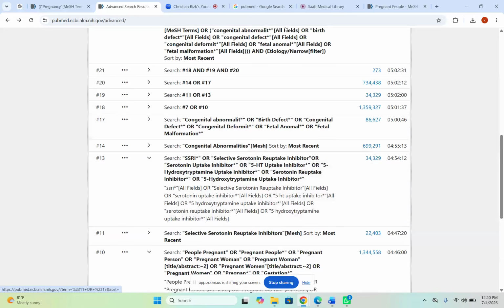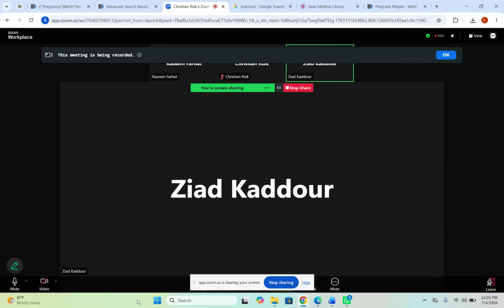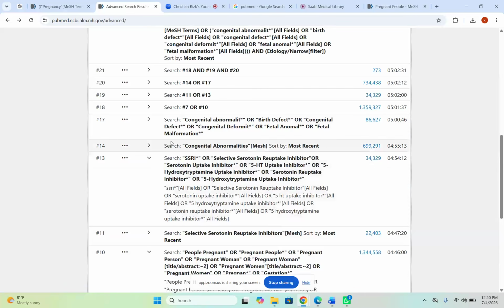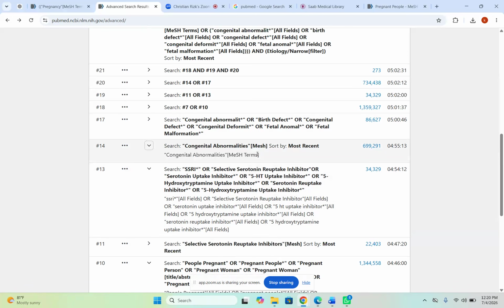So now, moving to the third concept, which is congenital abnormalities, we also looked into the MeSH term for congenital abnormalities, and the keywords, which include birth defects that can be used commonly, or fetal malformation, fetal abnormalities.